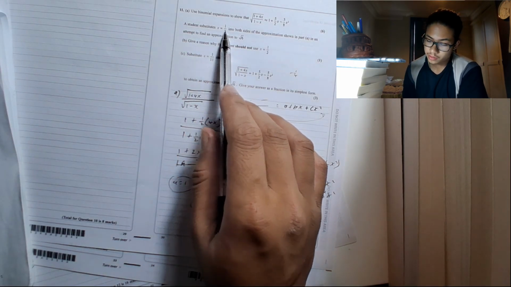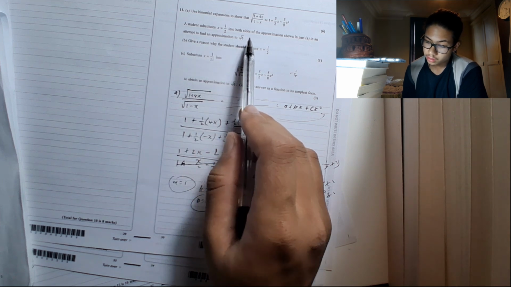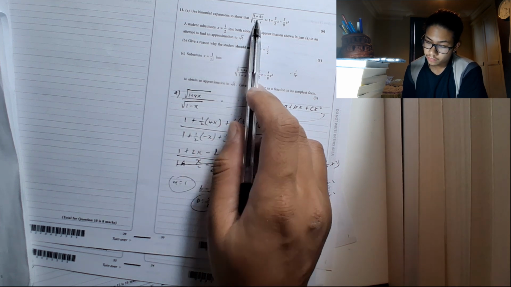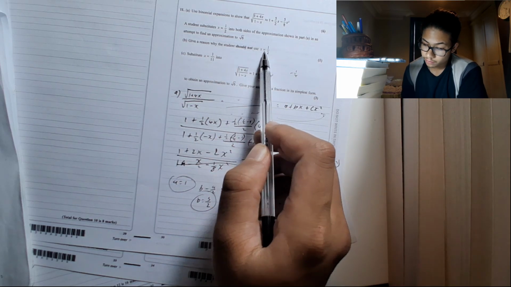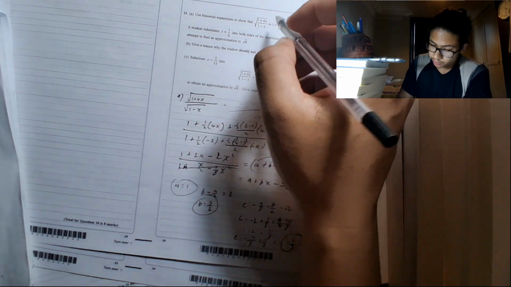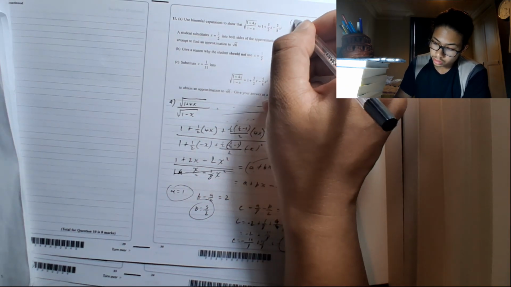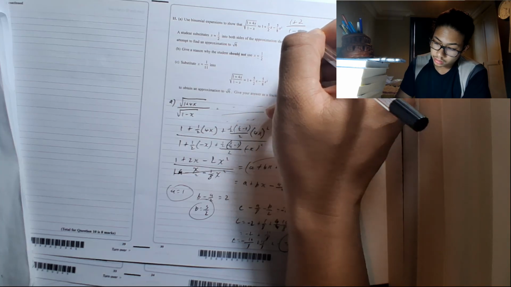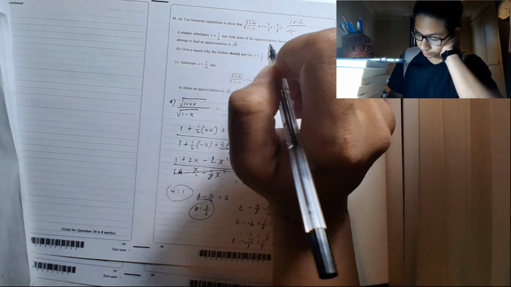Substitute x equals a half into both sides to find an approximation for root 6. So if you put half in here, actually no, you should not use x equals a half. Let's see. Because 1 plus 2 over 1 minus, it does make root 6, but why should they not use it?